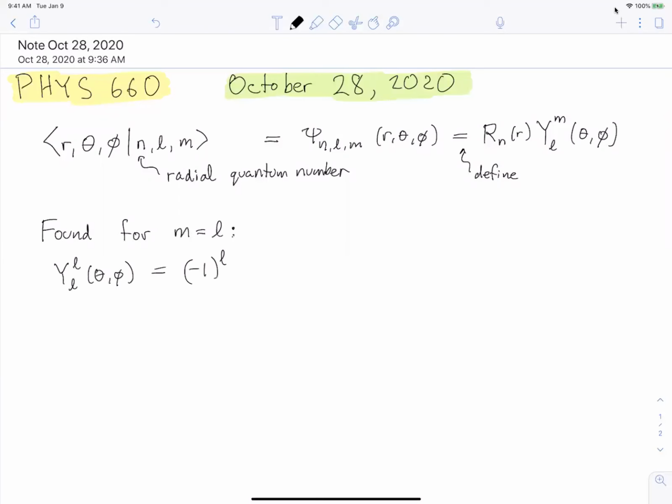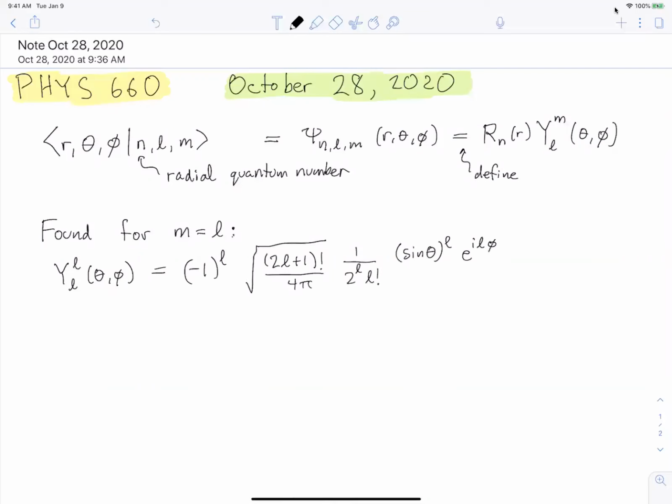And then an incredibly ugly normalization factor, which turns out to be the square root of (2L plus 1) factorial over 4 pi, and then a factor of 1 over 2 to the Lth power times L factorial, and then a factor of sine theta to the Lth power times e to the i L phi.